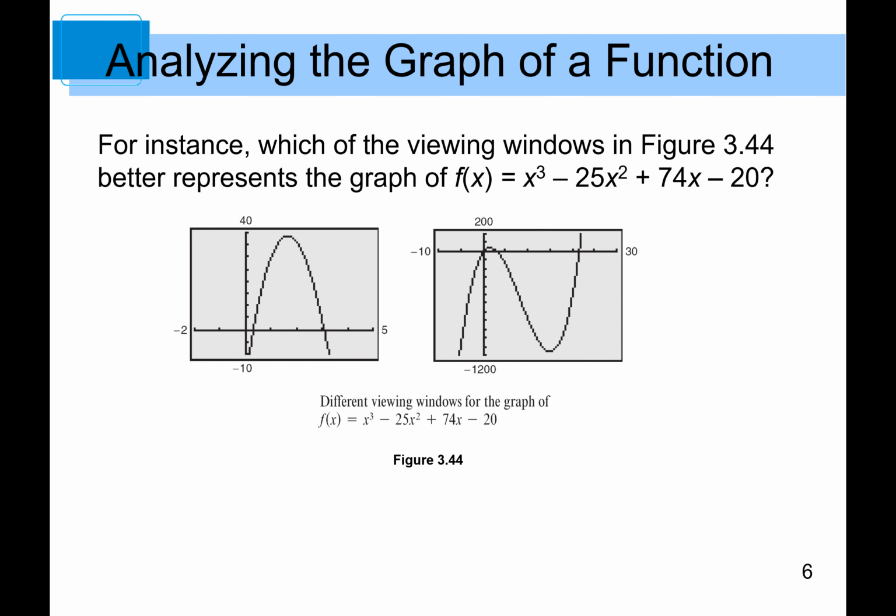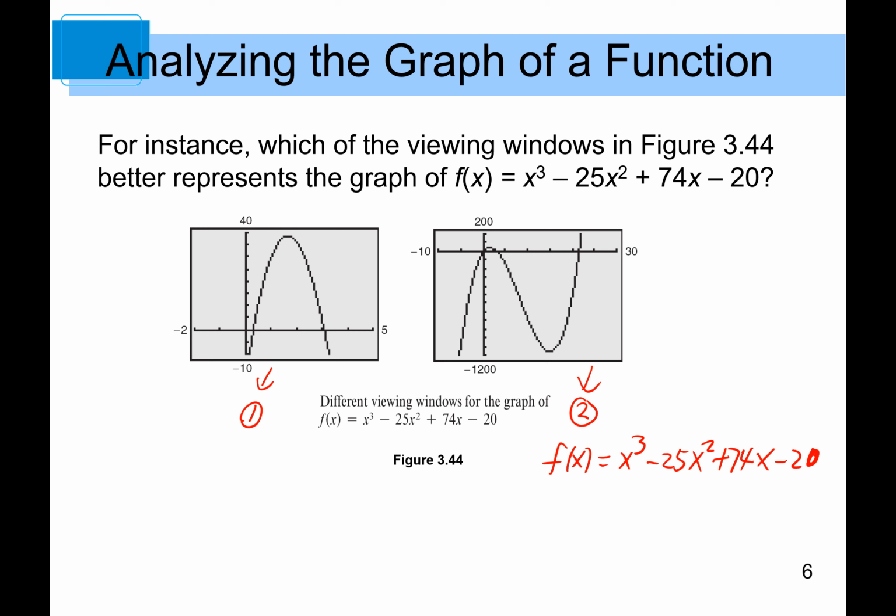Let's take a look at this example, right? For example, this function is f of x equals x cubed minus 25x squared plus 74x minus 20, and this is a third degree polynomial function, right? If you look at these two graphs, graph number 1 and graph number 2, they look very different, right?